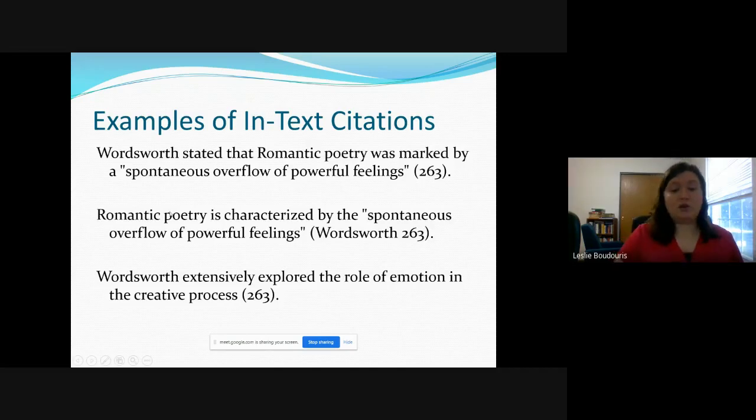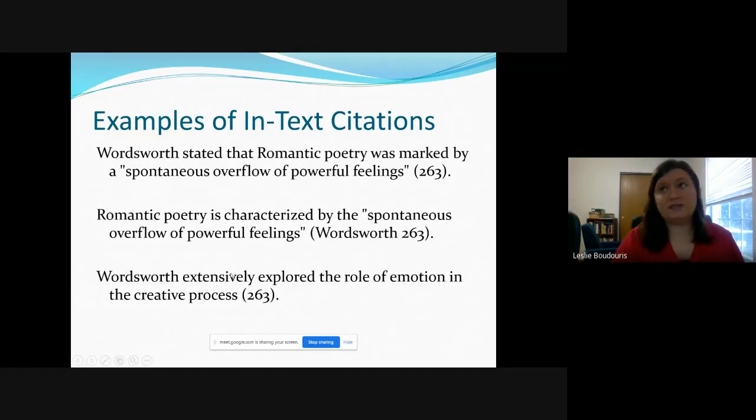In addition, you don't only want to cite things that are direct quotes. You also want to cite any idea or paraphrase, summary, anything where the idea or summary is coming from another person. So while this third citation doesn't have any quotes, you still want to put it in that citation because it's an example of a summary.